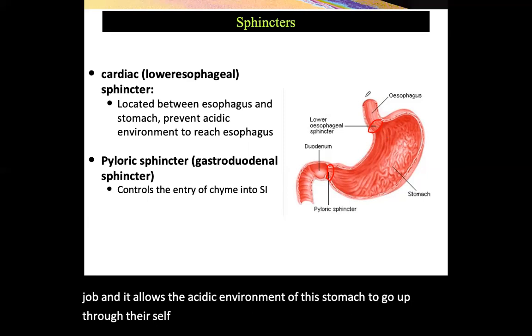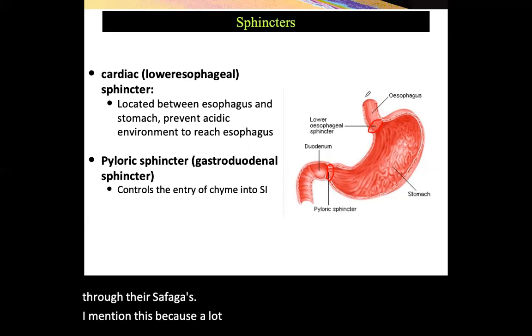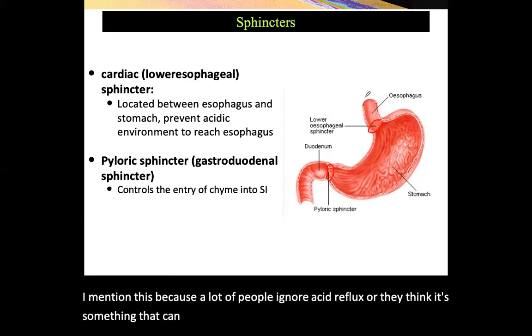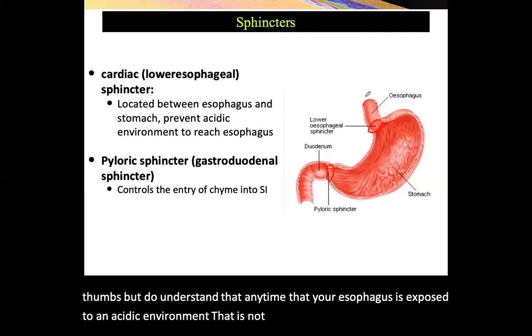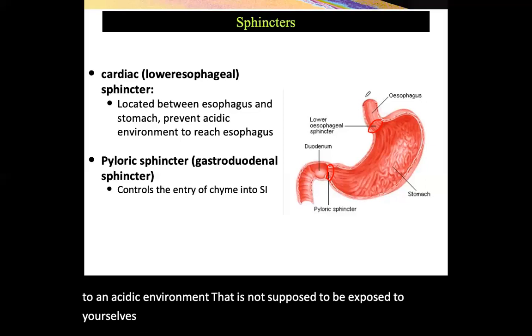I mentioned this because a lot of people ignore acid reflux, or they think it's something that can be treated with over-the-counter medication like Tums. But do understand that anytime your esophagus is exposed to an acidic environment that it is not supposed to be exposed to, your cells will recover, but they also have a chance of developing abnormalities.